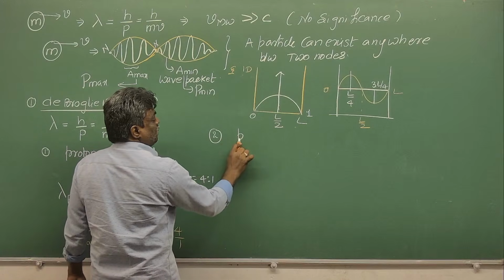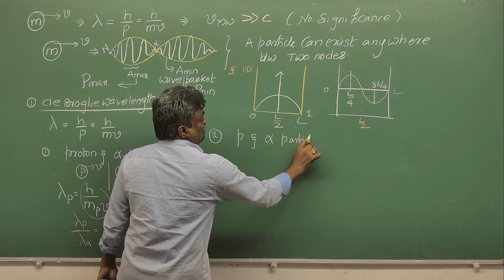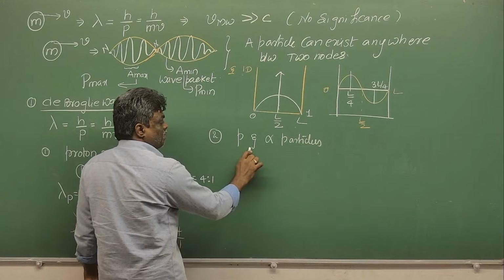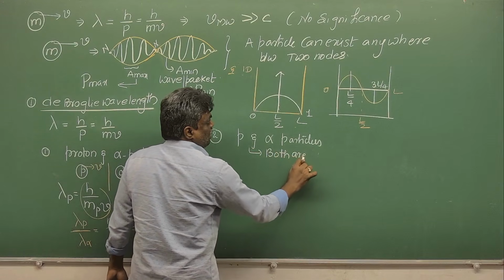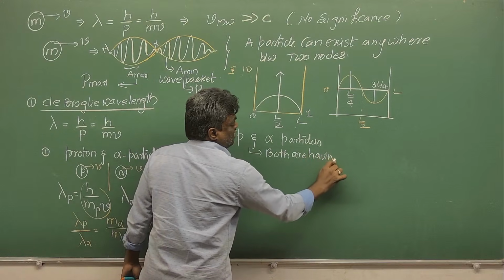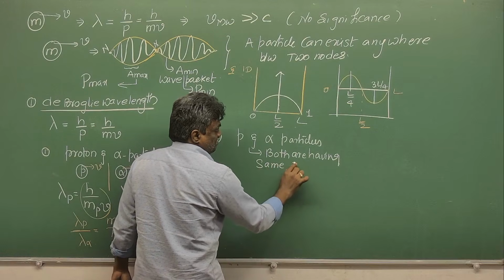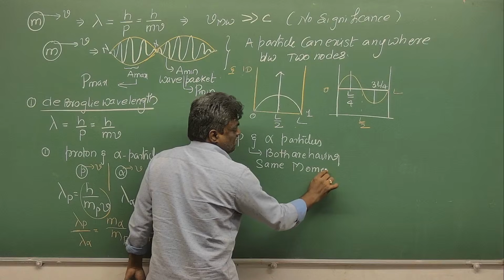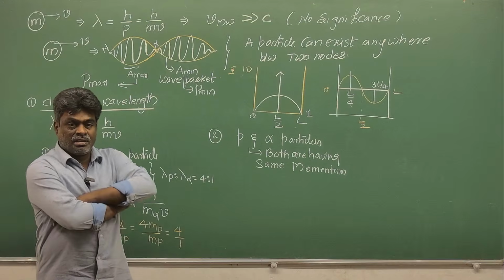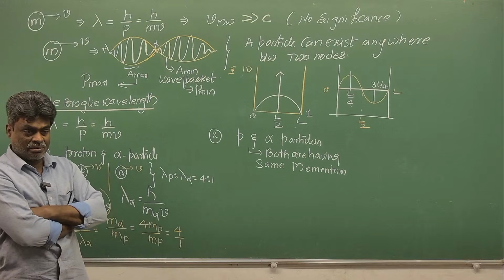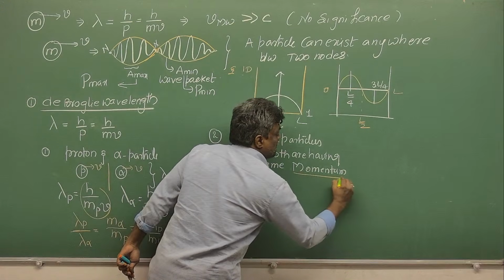Again I am taking proton and alpha particles. Both are having the same momentum. Answer: ratio of de Broglie wavelength is 1, because here the momentum is the same.